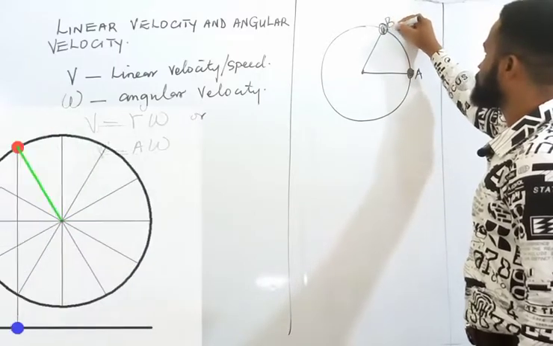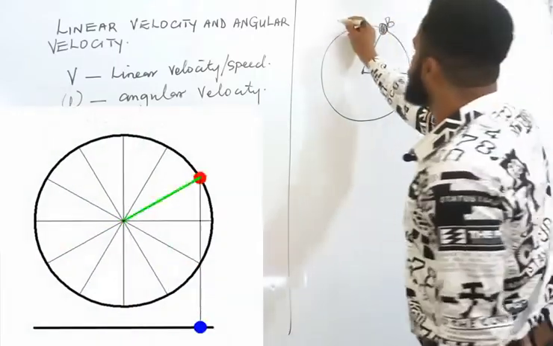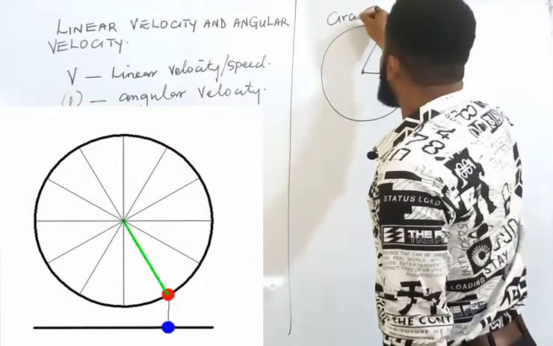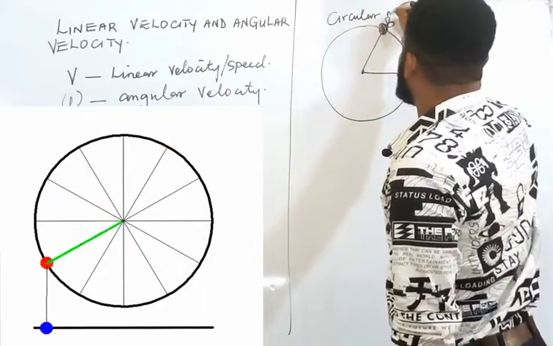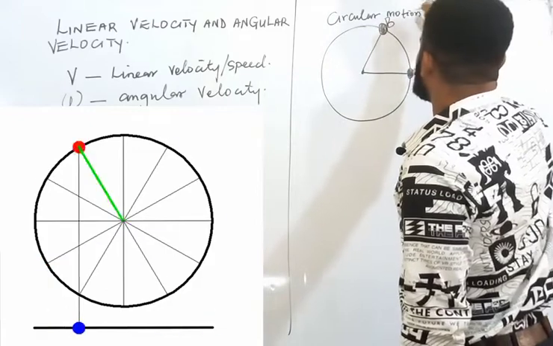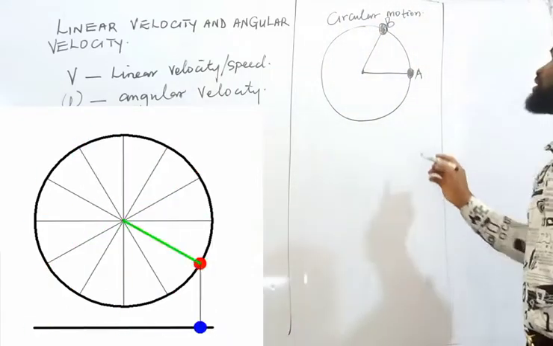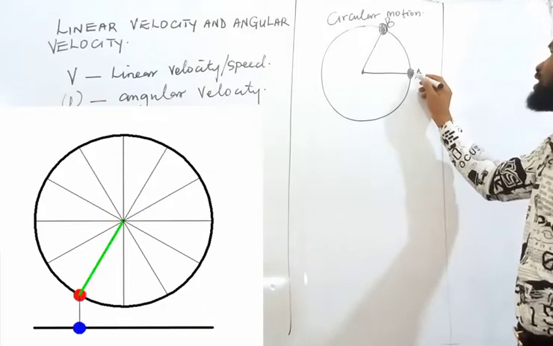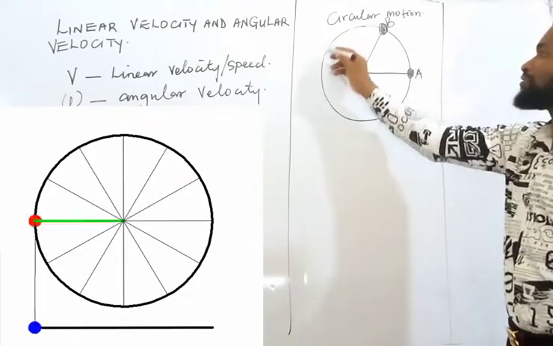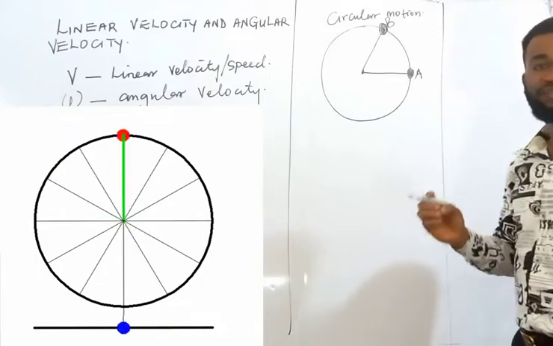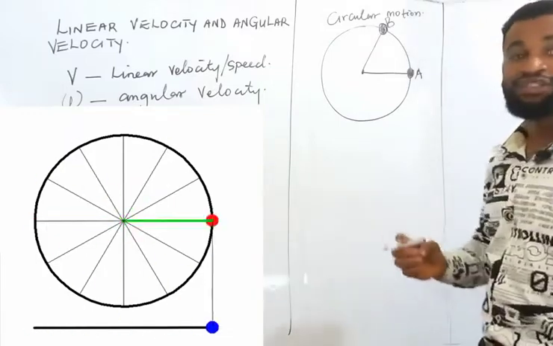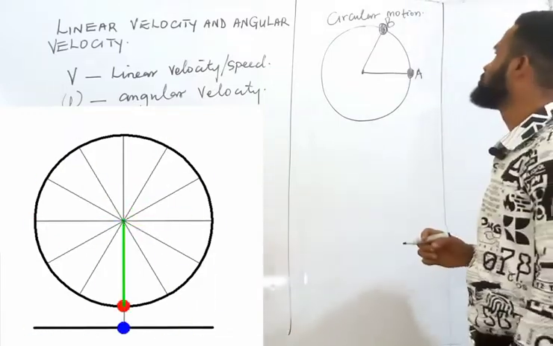This kind of motion is called circular motion. It is a circular motion in the sense that this particle at point A moves around this circle with a constant speed.